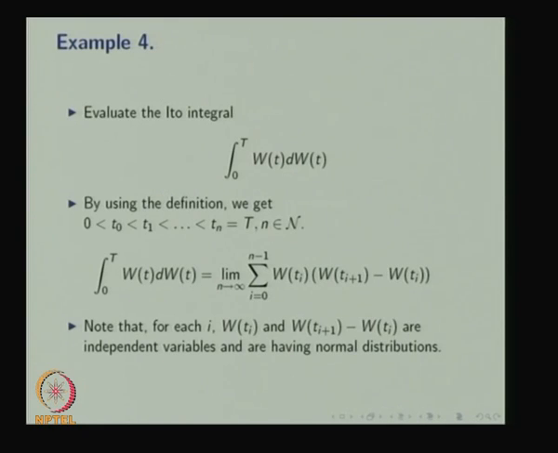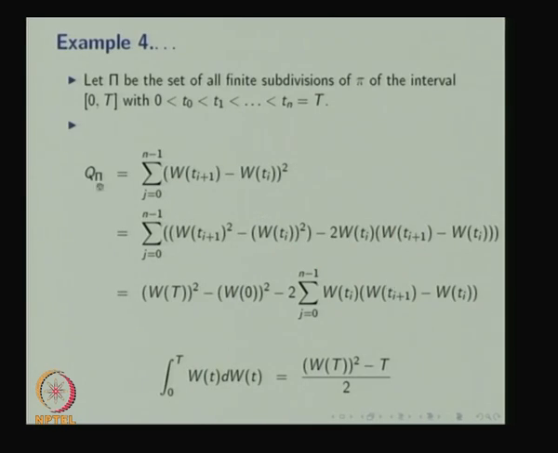What we want is the limit as n tends to infinity of the summation over i from 0 to n minus 1 of W(t_i) times the difference. But what we are defining now, Q_Pi, is the sum of the differences squared.